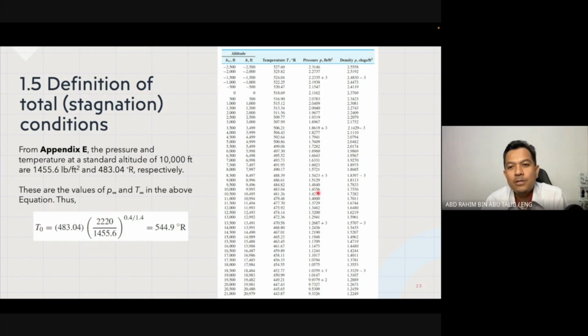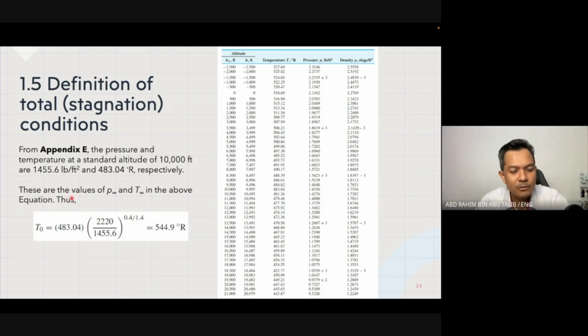Then we have the temperature, which is given in Rankine, as I said, since this uses imperial units.